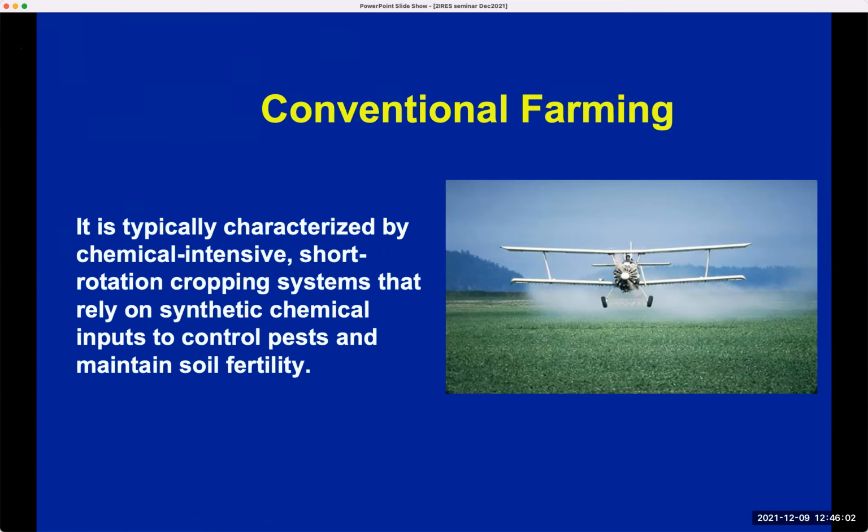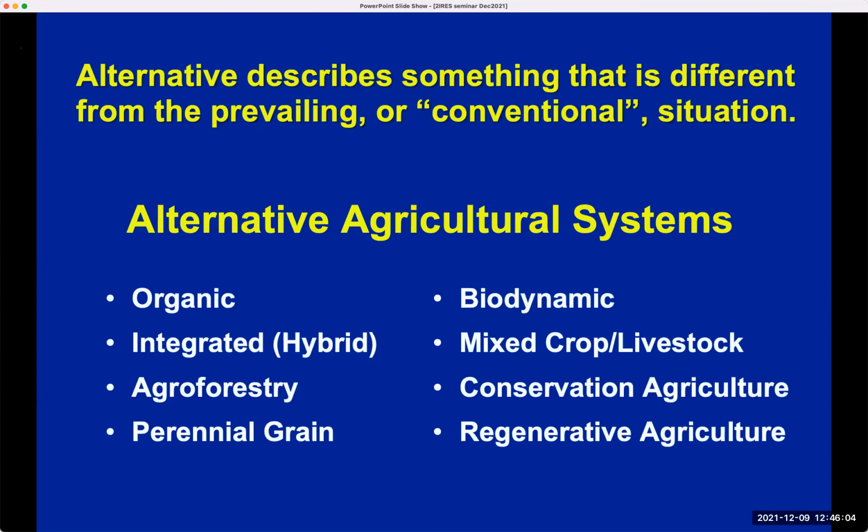Those are short rotations. When we think of alternative, all these systems come up, and there are many more than what I'm showing, but these are the ones that a lot of people recognize. Organic is probably the big one. Biodynamic is sort of a subset of organic. Integrated systems are basically a blend of organic and conventional.